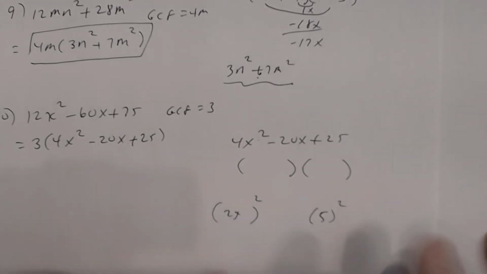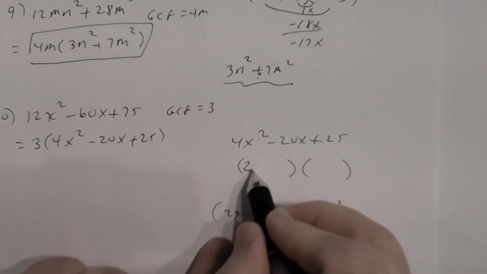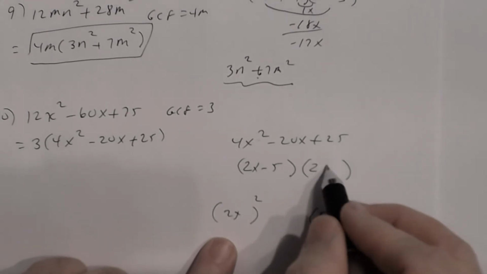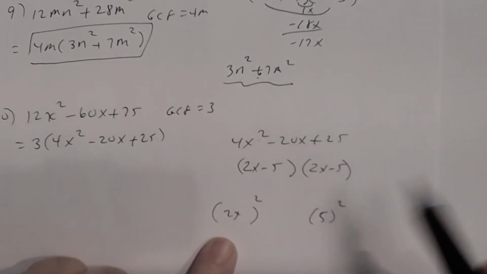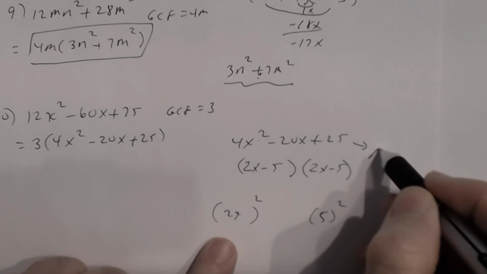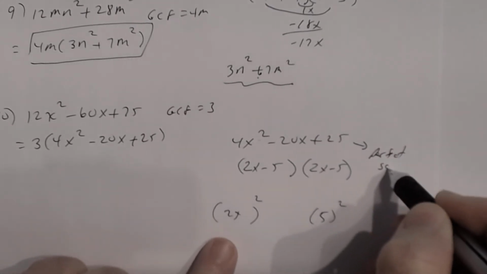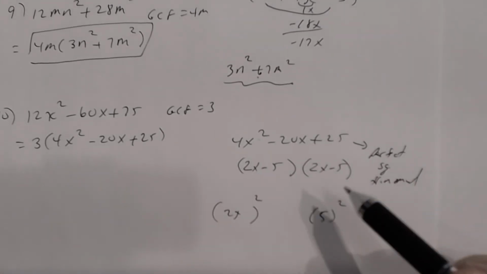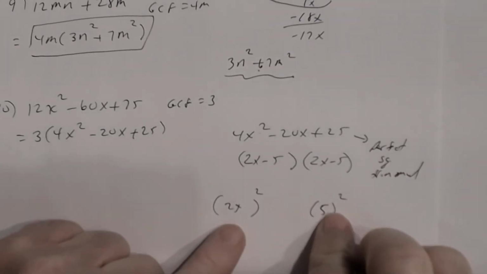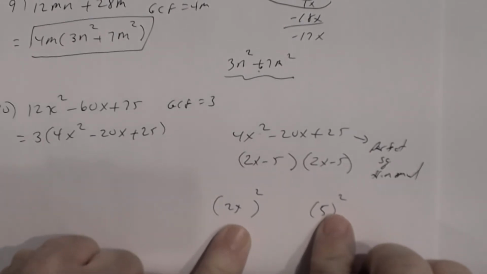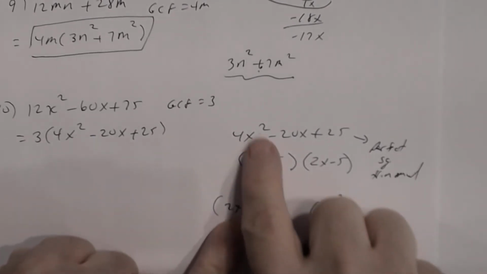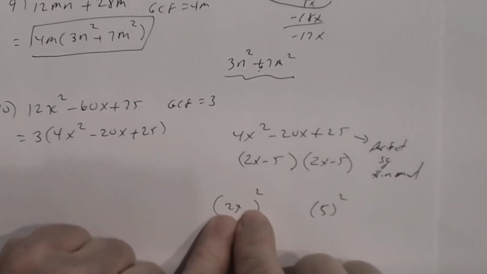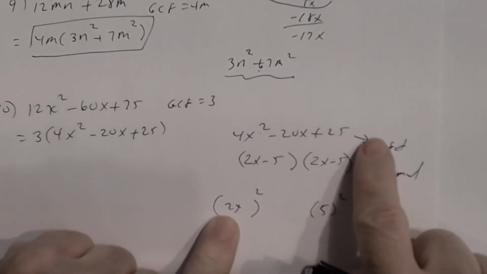What that means is the first binomial I'm going to write as 2x minus 5, the minus because of the middle sign, and the second one is the same thing also. So this was a perfect square trinomial. When you have a perfect square trinomial, these are the characteristics: if it's in descending order, the first term you can always write as an expression squared, and same thing for the last.